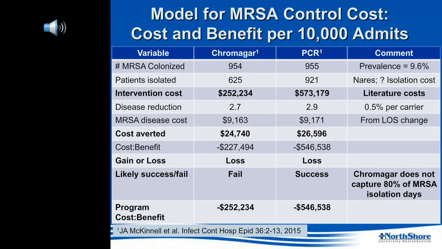Both the sensitivity of chromogar is less than that of PCR, and the turnaround time is longer. But even though you might have had success with PCR in this particular model, you can see it was much more costly, nearly $500,000 for 955 colonized patients per 10,000 admissions, and chromogar was about half the cost.